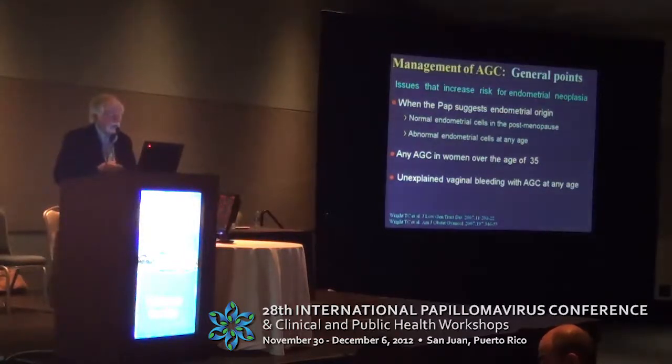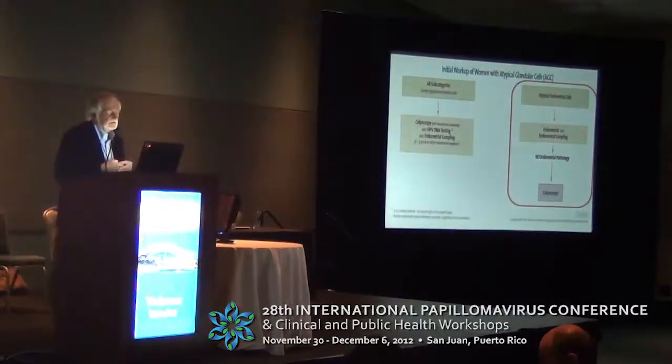Unexplained vaginal bleeding at any age would also be a reason for endometrial evaluation with an AGUS Pap. So atypical endometrial cells or these other higher risk situations for endometrial cancer should have endometrial and endocervical sampling. A colposcopy could certainly be done at the same time, but if it's not, and there's no endometrial pathology noted, then colposcopy should be done.